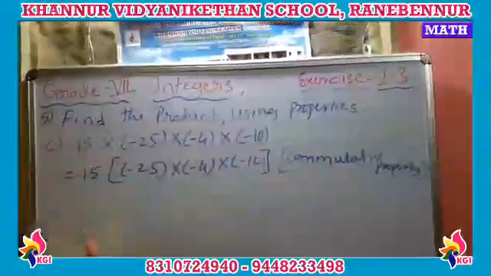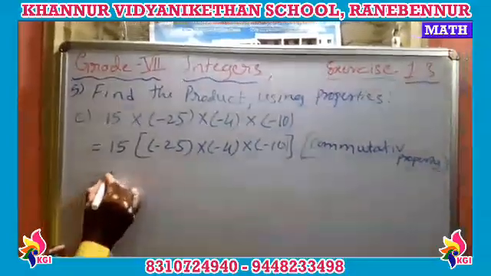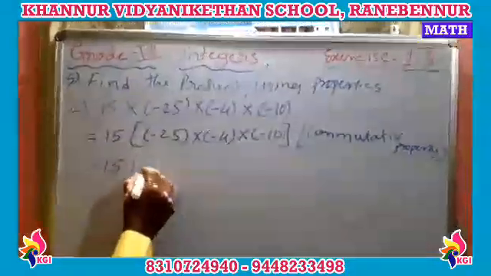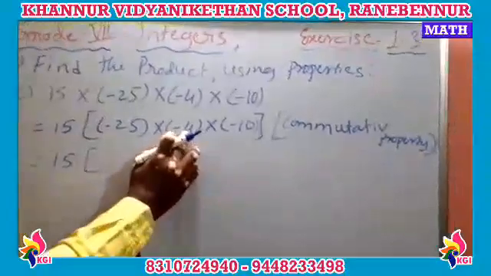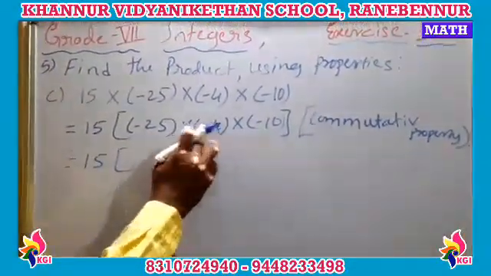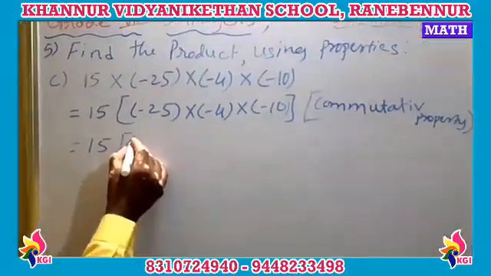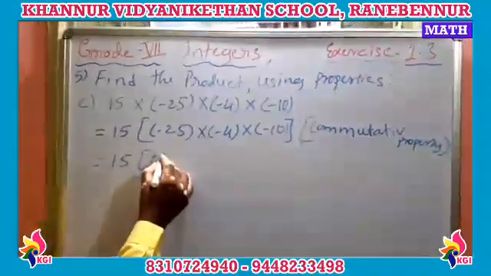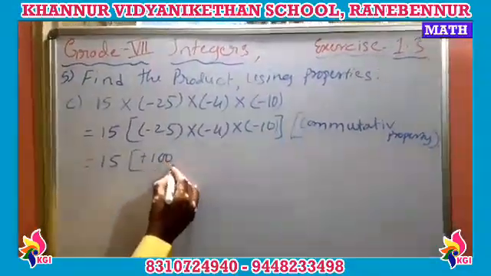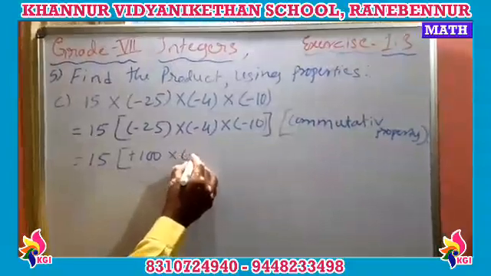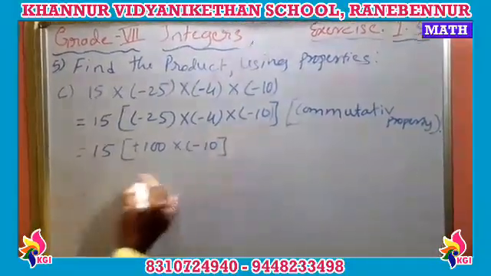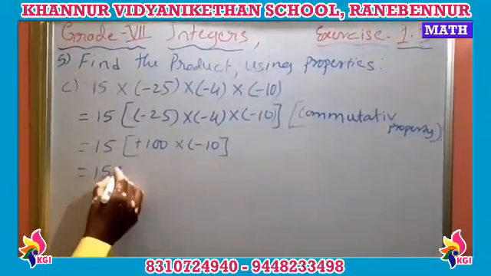So next, check it out. I write 15 as it is outside. As you know, minus into minus is plus, and that plus I am going to write here. The 25 fours are 100, into minus 10. The 15 I write as it is.